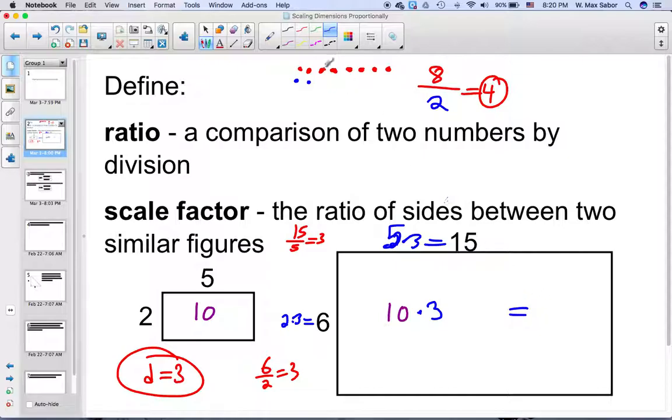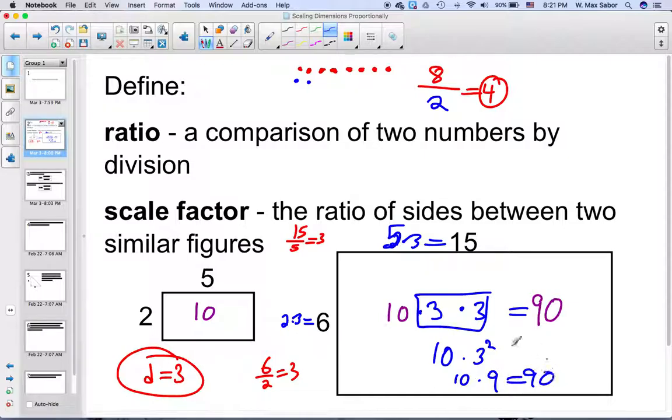That's definitely 90. So it's not true that 10 times 3 is 90. It's 10 times 3 times 3 is 90. 10 times 3 squared, or 10 times 9, is 90.